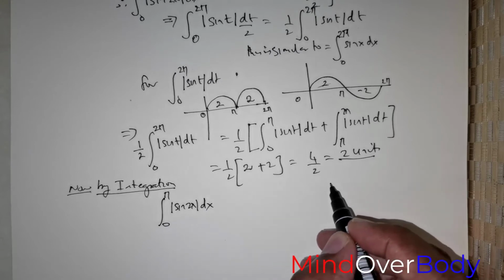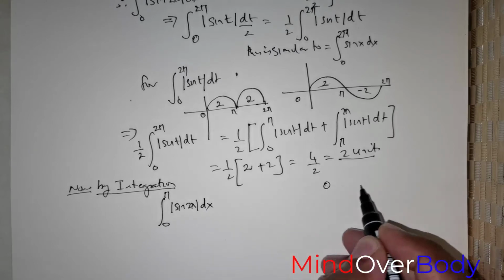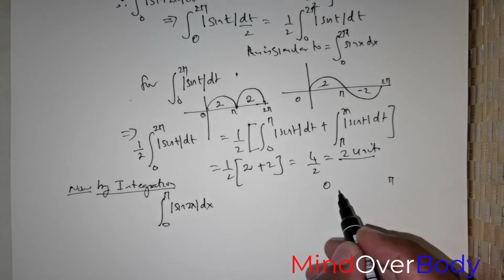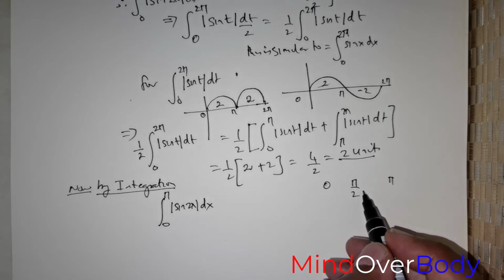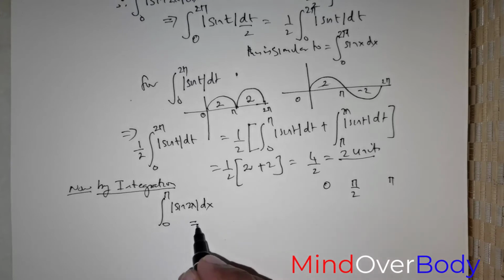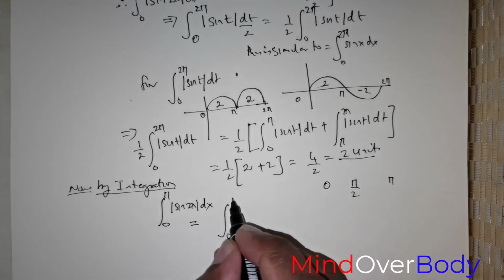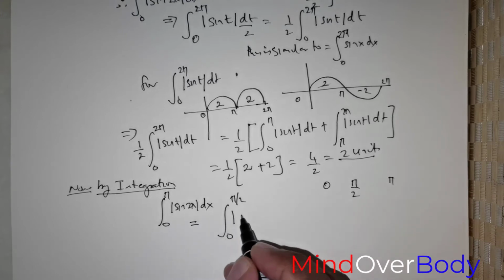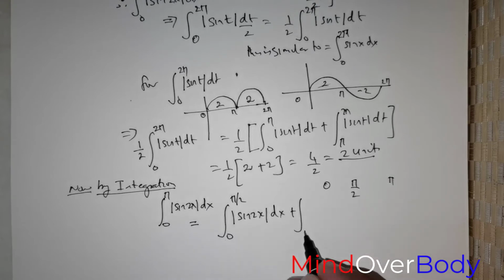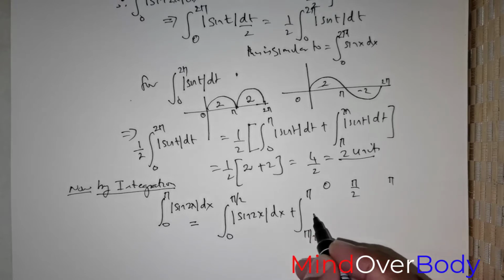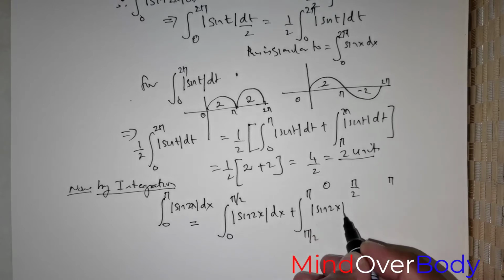I'm going to split 0 to pi as 0 to pi over 2 and then pi over 2 to pi. So this is rewritten as integral 0 to pi over 2 modulus of sin 2x dx plus integral pi over 2 to pi modulus of sin 2x times dx.